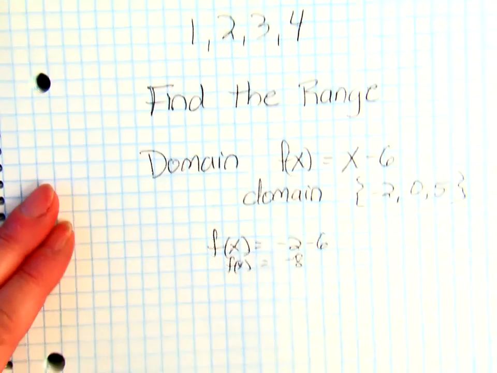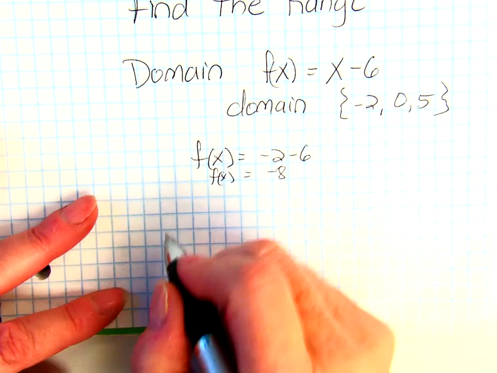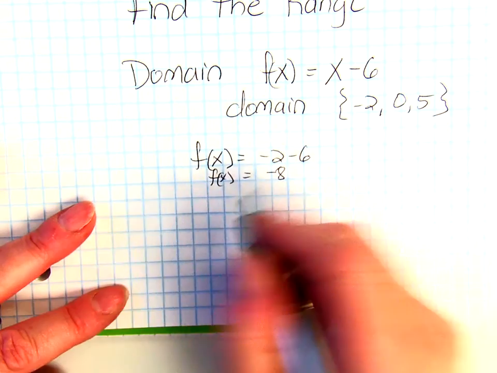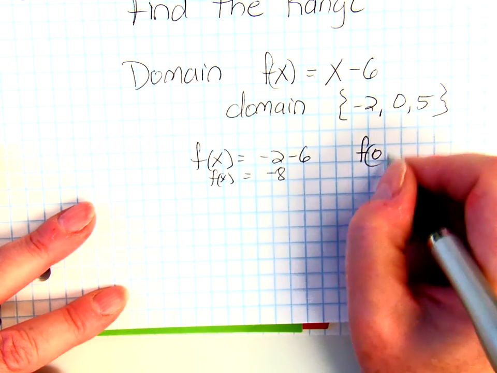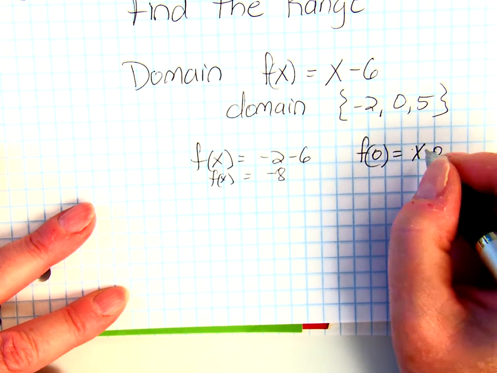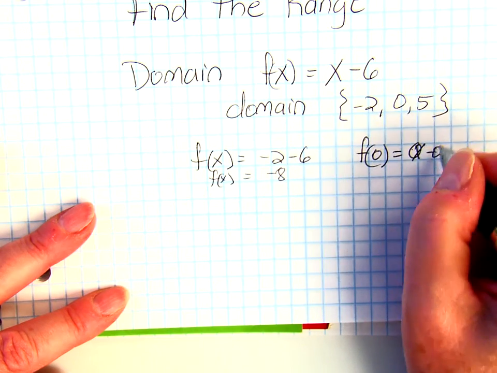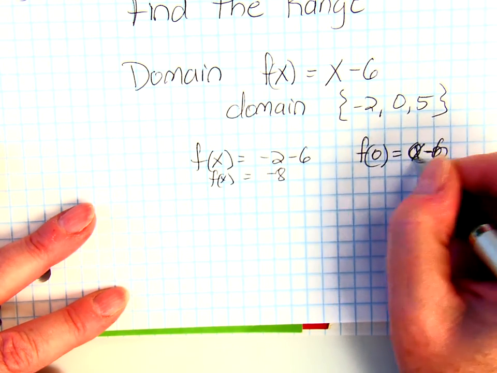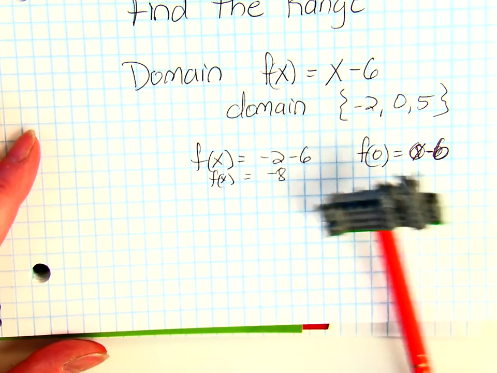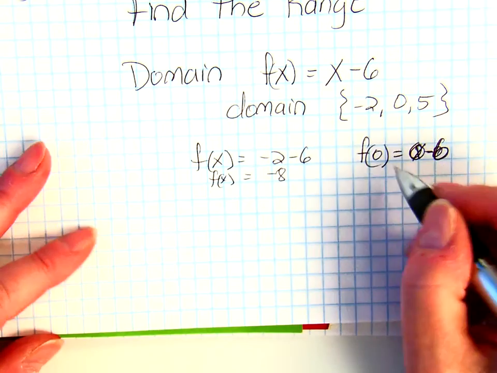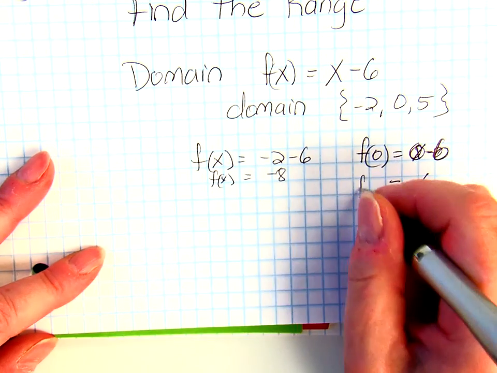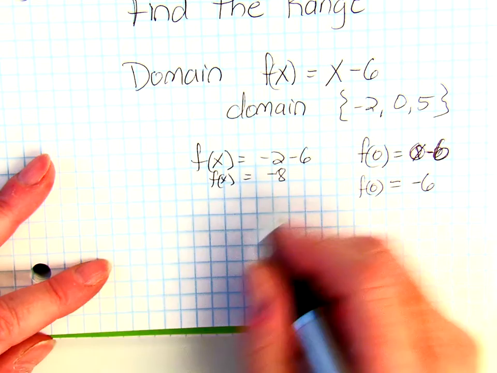Actually, we could have put our negative 2 in there. We could say f of 0 equals x minus 6, or 0 minus 6. Sorry, I've lost track of what I'm doing. When I'm rushing, it's not as good. Stop rushing! Okay. This equals negative 6, function of 0.